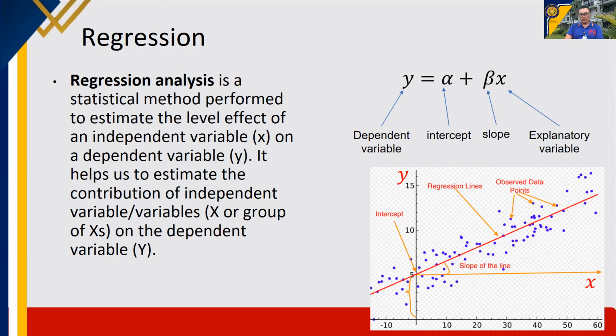As you can see in this equation, y, the dependent variable, is equal to alpha, which is the intercept, as shown in our graph here, plus beta, which is the slope, times x, the explanatory or independent variable that we wish to use as a basis to predict the dependent variable.